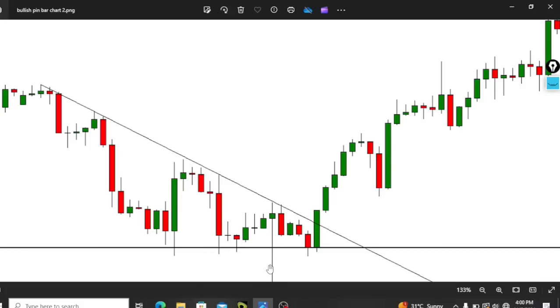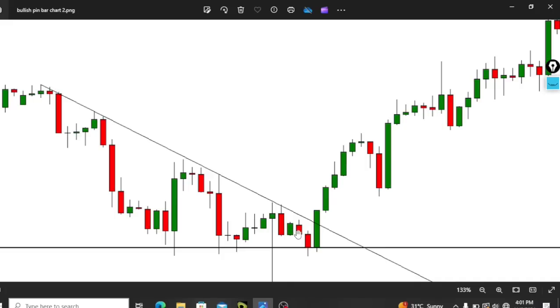So with this exhaustion candle, this candle at the time was totally red, and it went all the way down, and then it recovers and was able to close as a bullish pin bar with a small body. So that should show you that the bears have run out of steam and they are no more able to pull the prices down. Therefore, you should be able to position yourself for a buy.